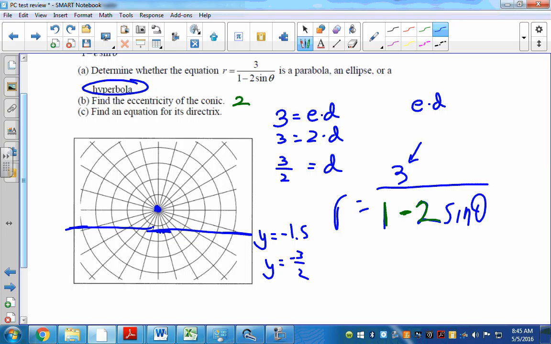It might be interesting to try graphing this on your calculator. You don't have to, although we will in just a second. You'll note that the hyperbola fits in like this. And the vertex of the hyperbola, we can tell exactly where it's going to be.